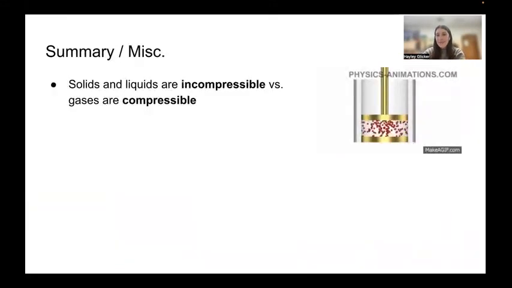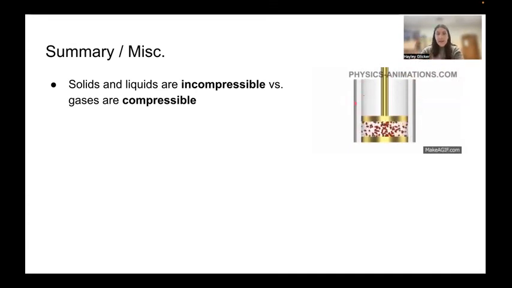To wrap up this lecture video, let's talk a little bit about some special gas properties that set them apart from solids and liquids. Solids and liquids are incompressible versus gases that are compressible. Here in this video, it's showing gas molecules or gaseous particles being compressed.